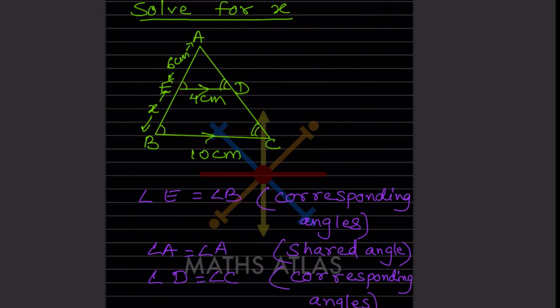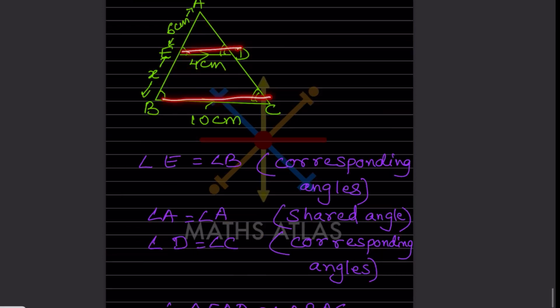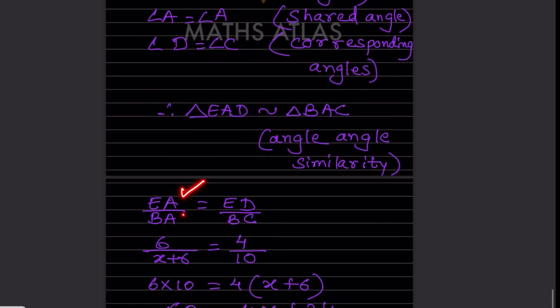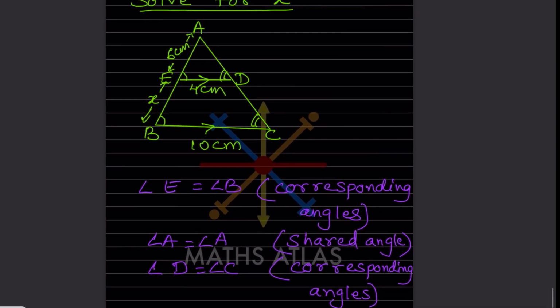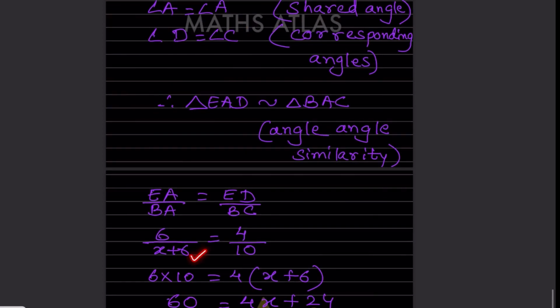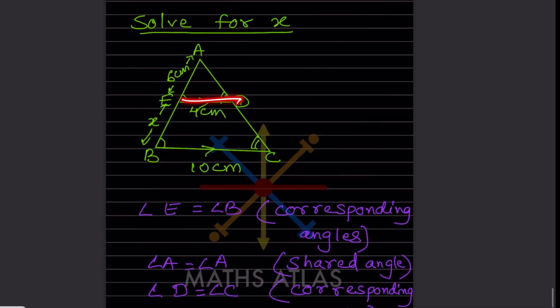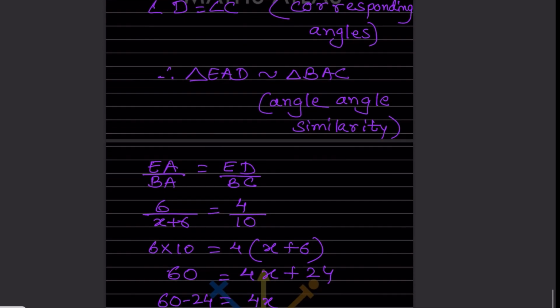So EA by BA is equal to ED by BC. What is EA? EA is 6. And what is BA? BA means this is x and this is 6, so we can combine them together, that will be x plus 6. So we can write here x plus 6. And ED is 4, and this BC is 10. So we can write 4 and 10.